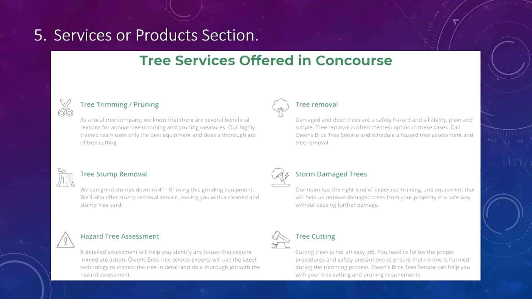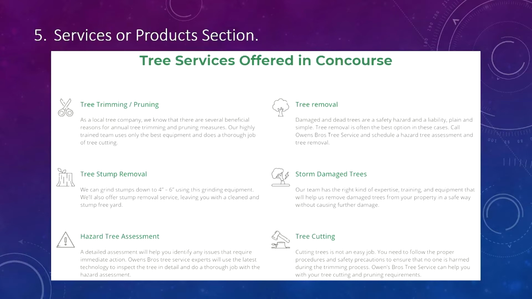All right, number five, services or product section. Have a list of services or products that you offer. You can include links to pages on your website that explain your products or services more. And it's good to have a brief description of each major product or service.